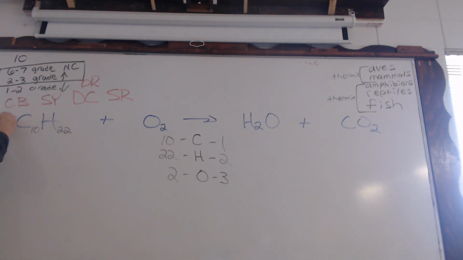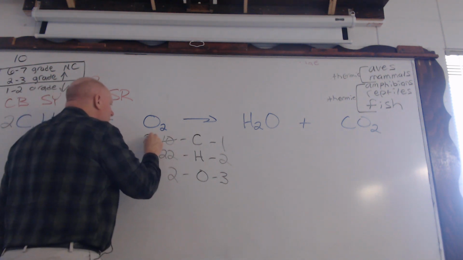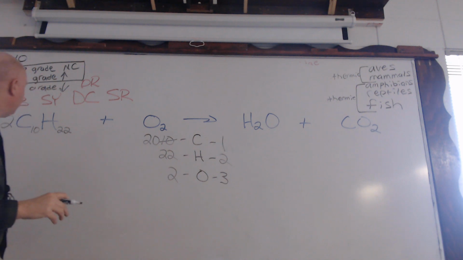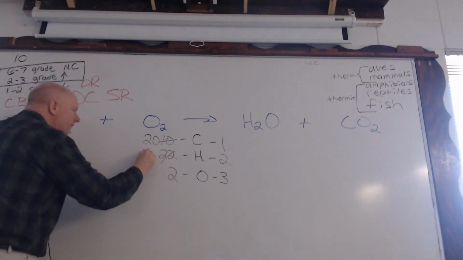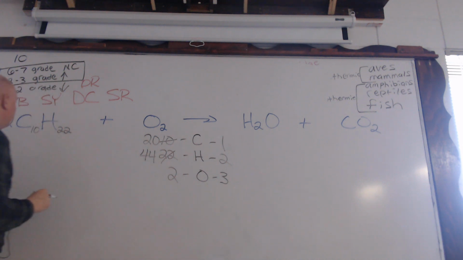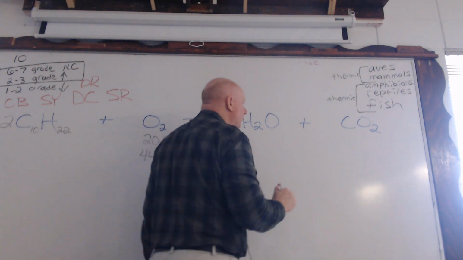So we're going to put a 2 here. Okay, 2 times 10. Then go back and do your hydrogens. 2 times 22. Okay, so let's do our carbons on the right side now. If you've got 20 on the left, how do you get 20 on the right?